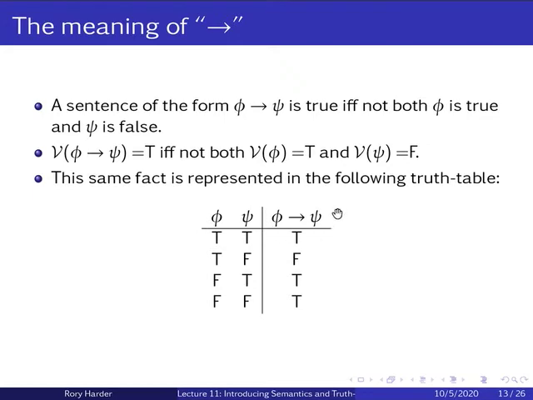And that makes the entire claim if phi then psi false. And in all other cases, in all the rows here, which are not the row in which the antecedent is true and the consequent is false, in all those other rows, we have that the entire conditional is true.